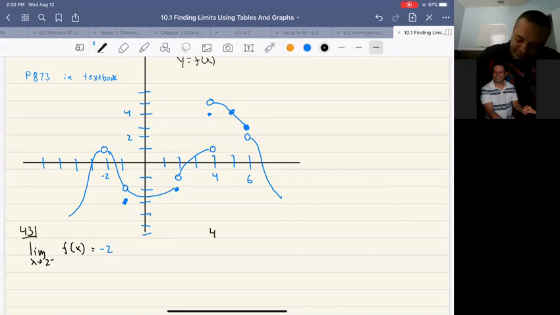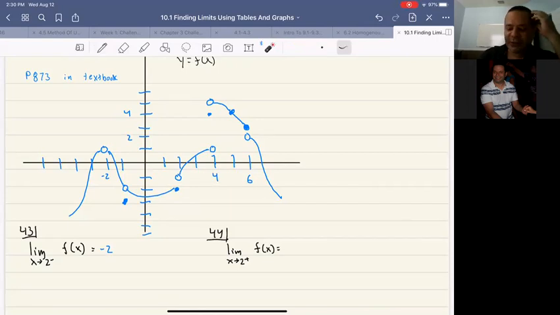Let's take a look at 44. 44, as you can guess, is the limit as x approaches 2 from the right of f of x. But what's that going to be? Well, as we come in from the right, it's actually not going to be -2, is it?